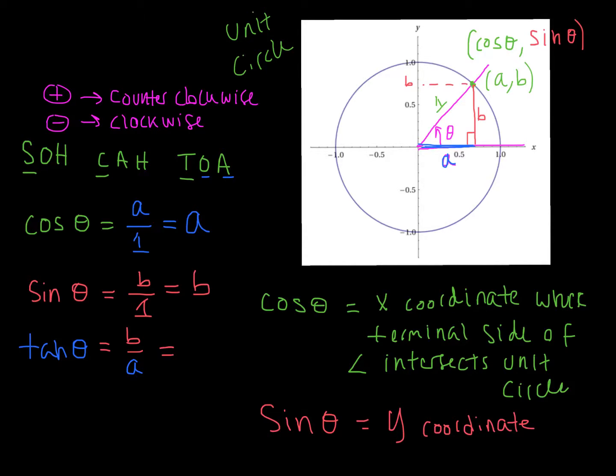Well, b is the y-coordinate, that's sine of theta, right? So tangent theta is nothing more than the sine of theta divided by the cosine of theta.